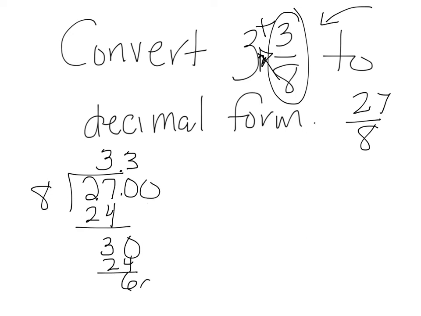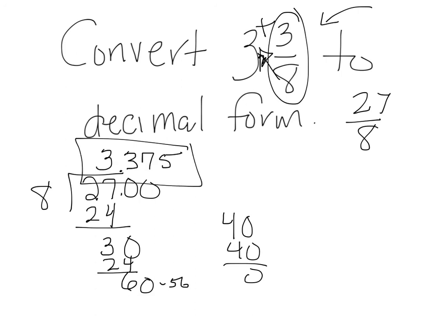We're going to drop another 0. How many times does 8 go into 60? Well, I think 8 times 7 is 56. 60 minus 56 is 4. Drop another 0. How many times does 8 go into 40? 5 times, and so we get 3.375.